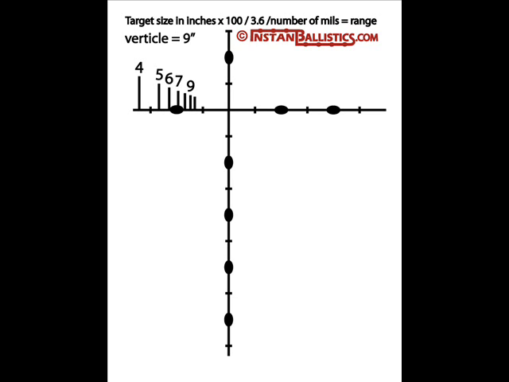These are the vertical lines that you see on the left side of the reticle. The height of each of those lines is where a 9-inch target subtends at that specific distance.